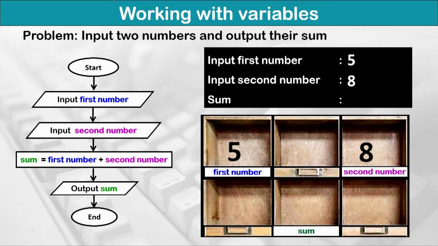Third instruction, sum is equal to first number plus second number. So first number is picked up from location first number, and value 8 is picked up from location second number, and added together we get 13.